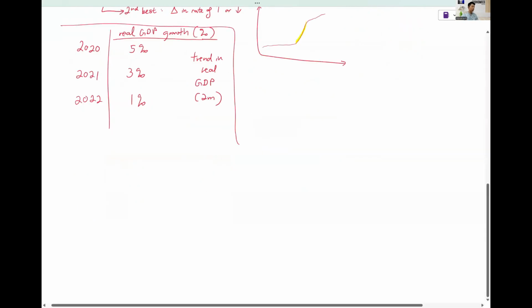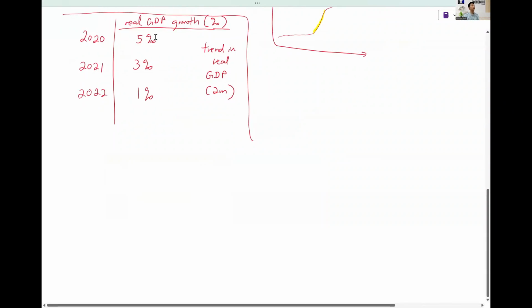Okay, so based on these numbers, 5%, 3%, 1%, what is the trend in real GDP? Yami, what's your general trend here? Oh, wonderful. You gave both the general trend and the anomaly.